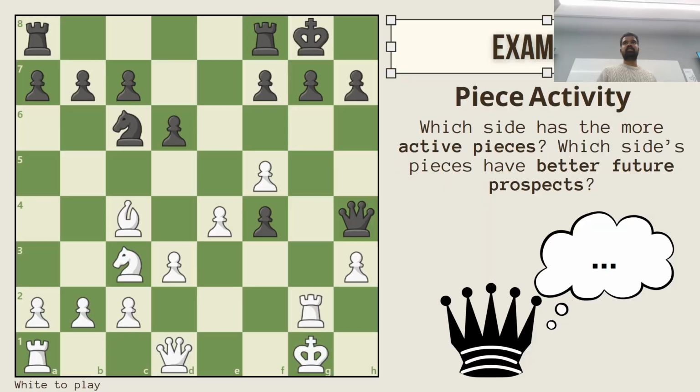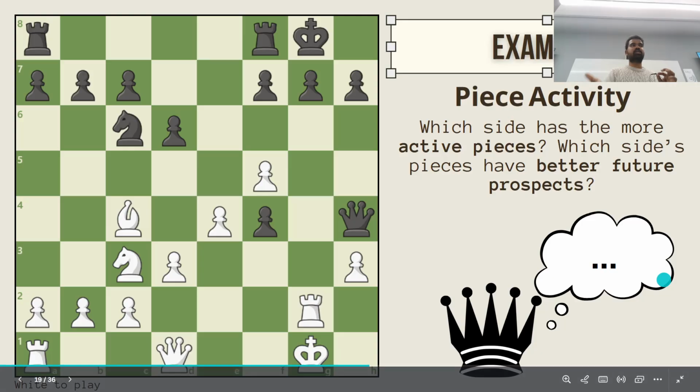We sort of covered this when we were doing the king safety one. We looked at which of our pieces were active, which of black's pieces are active. But you can answer it again: what is actually piece activity? Well, basically, piece activity is how active the pieces are.